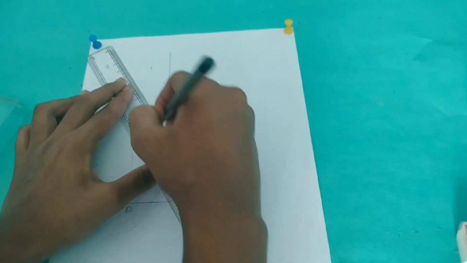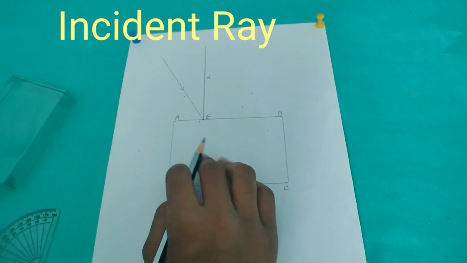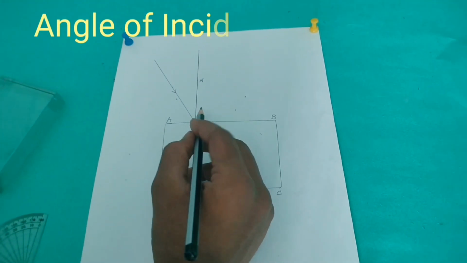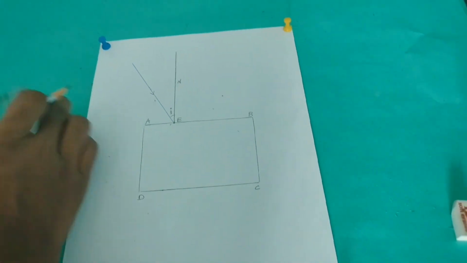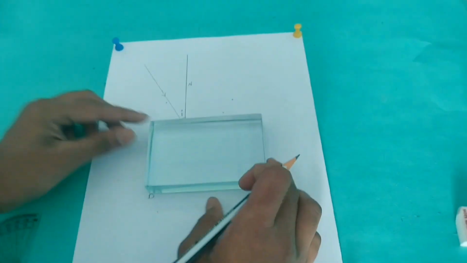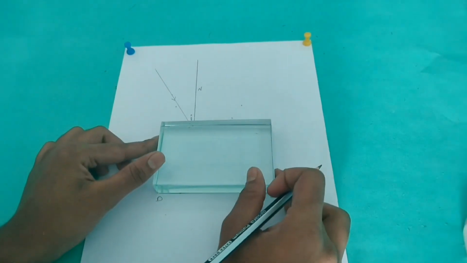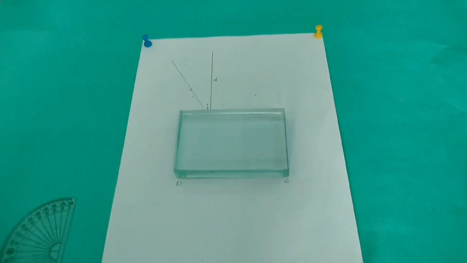This line is my incident ray falling on the slab, and the angle it makes with the normal represents the angle of incidence. Again keep the slab on the paper such that it coincides with the sides of the rectangle ABCD.